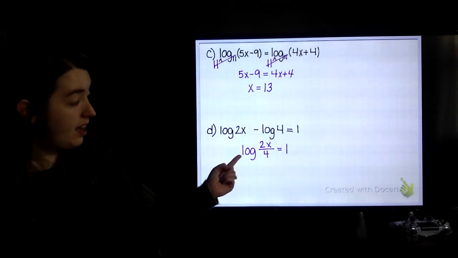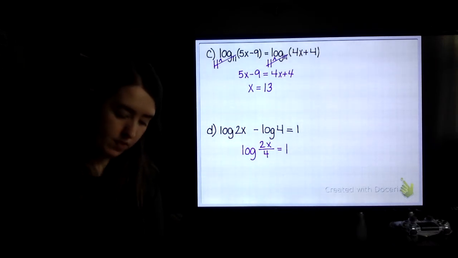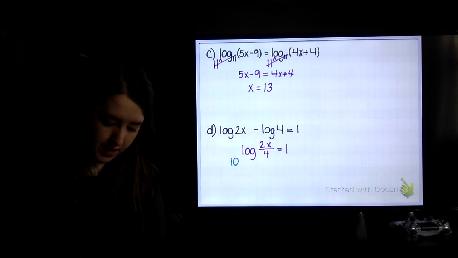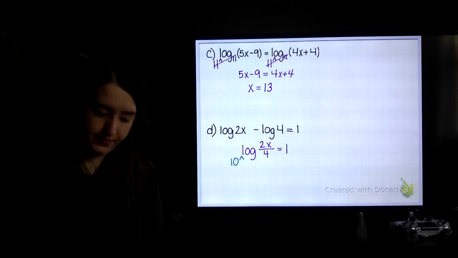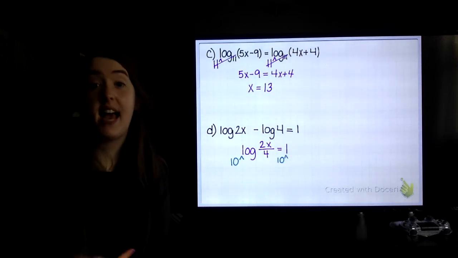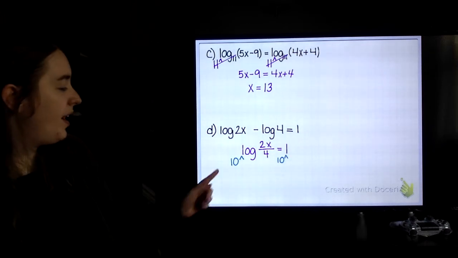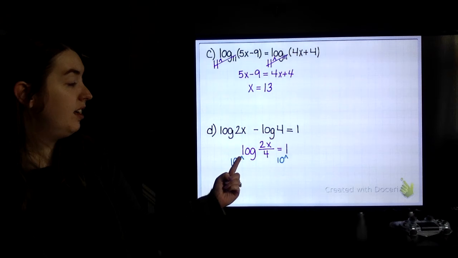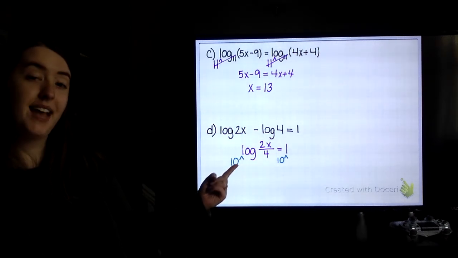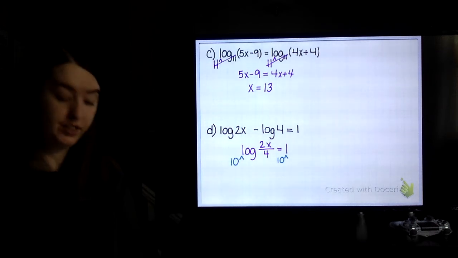So to get rid of this log, I'm going to take 10 to both sides as a power. So when I have 10 to the log of 2x over 4 power, 10 and log base 10 cancel each other out.